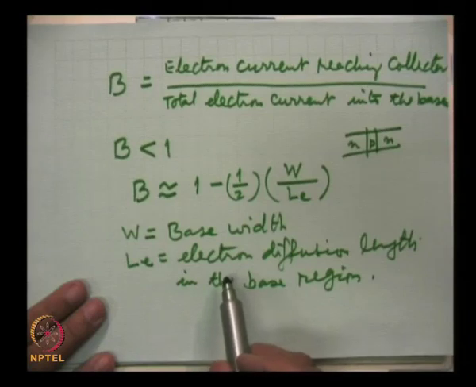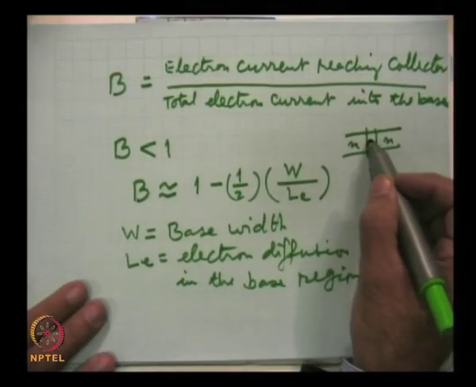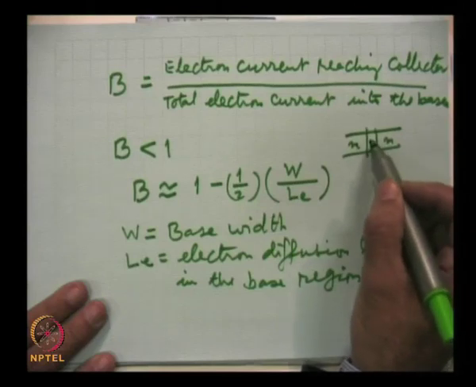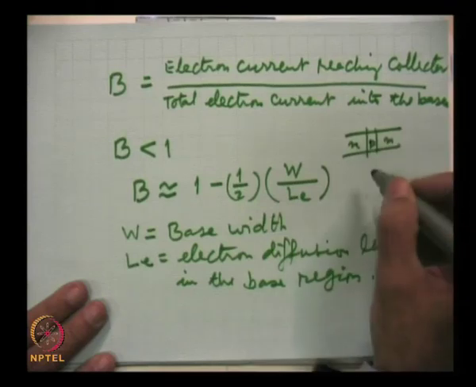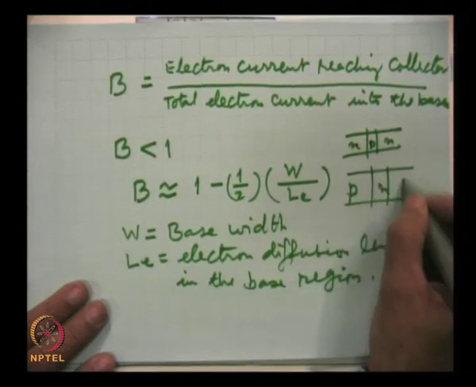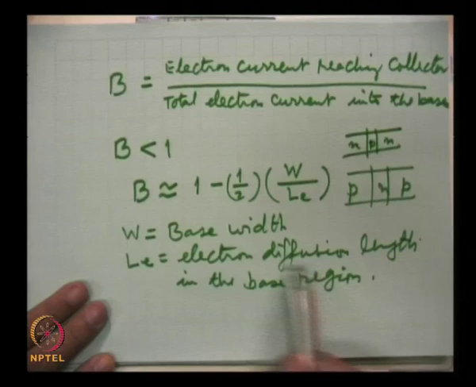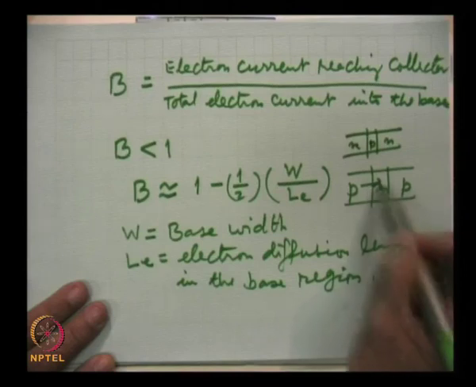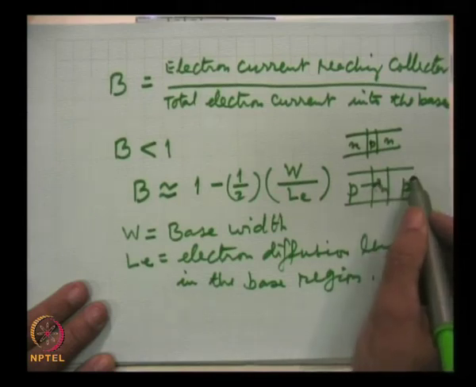Why is a transistor called a minority operated device? Because see, when electrons are injected into the base, in the p region they are in minority. If we talk of a PNP transistor, then it will be the hole diffusion length in the base region. Holes will be injected into the base and they will be finally collected here.